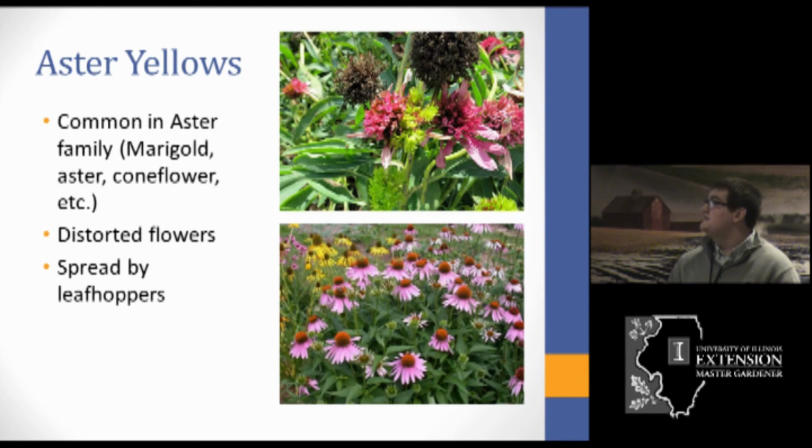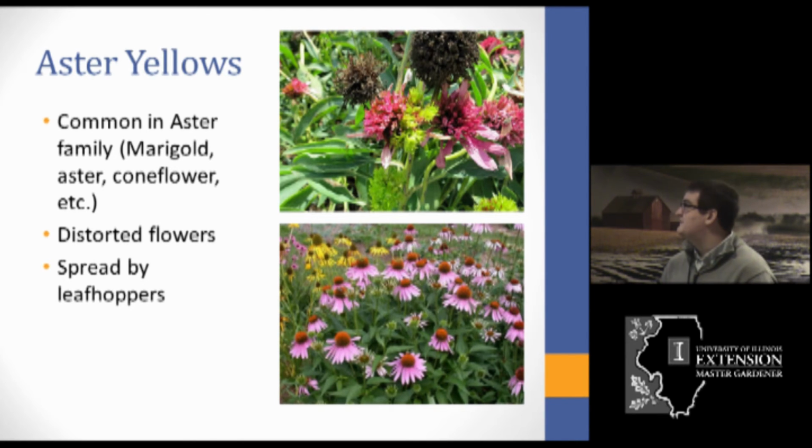Another kind of interesting disease is called aster yellows, which I haven't personally seen a lot of, but it's common in the aster family: marigolds, asters, coneflowers, things like that. In the pictures on this slide, at the bottom you see a nice patch of purple coneflower with normal growth, and the top picture shows flowers infected with aster yellows.